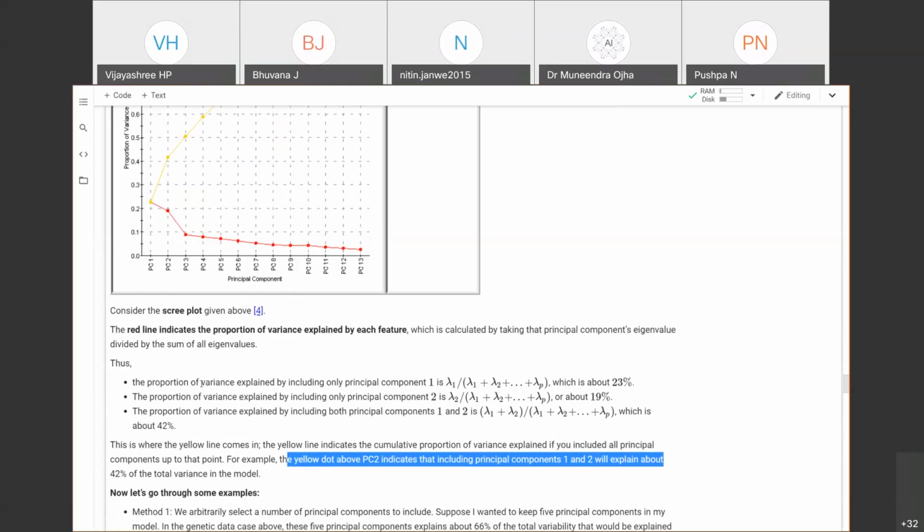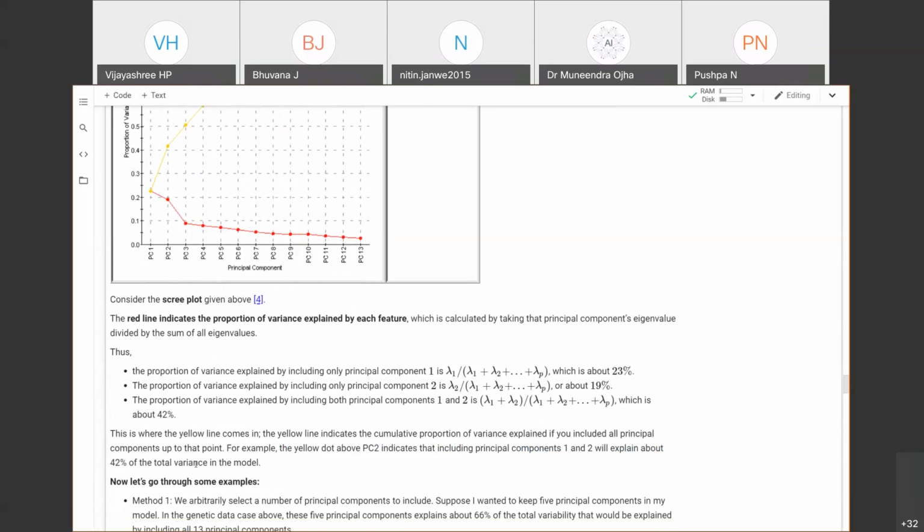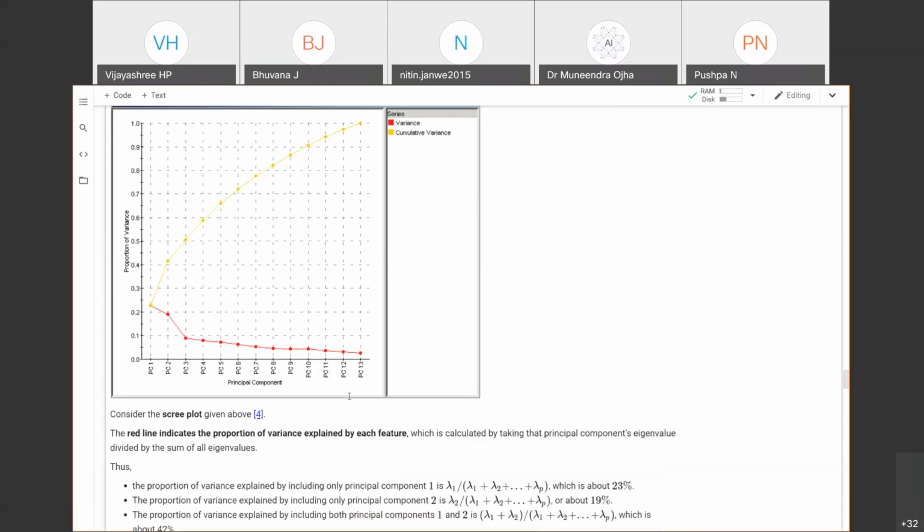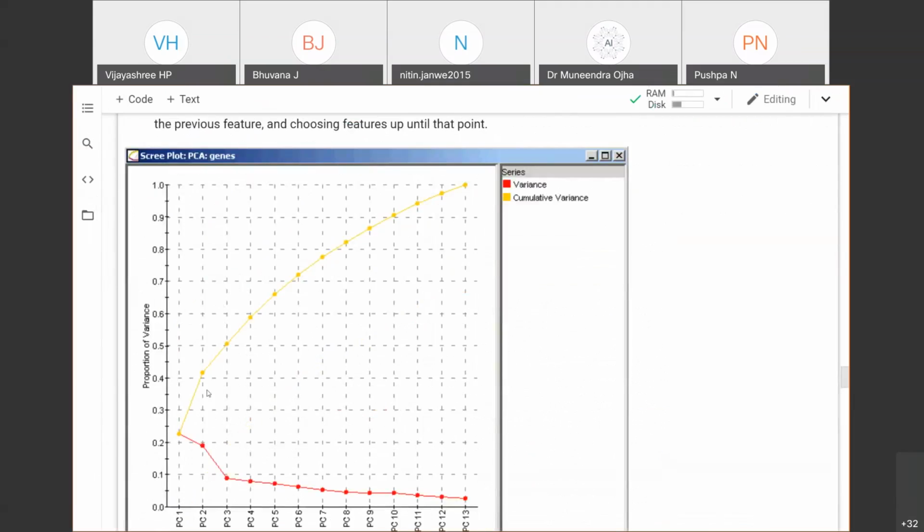Now you see here, after two principal components, first and second, there is an elbow being created in this plot. In the cumulative variance, we see an elbow being created over here.